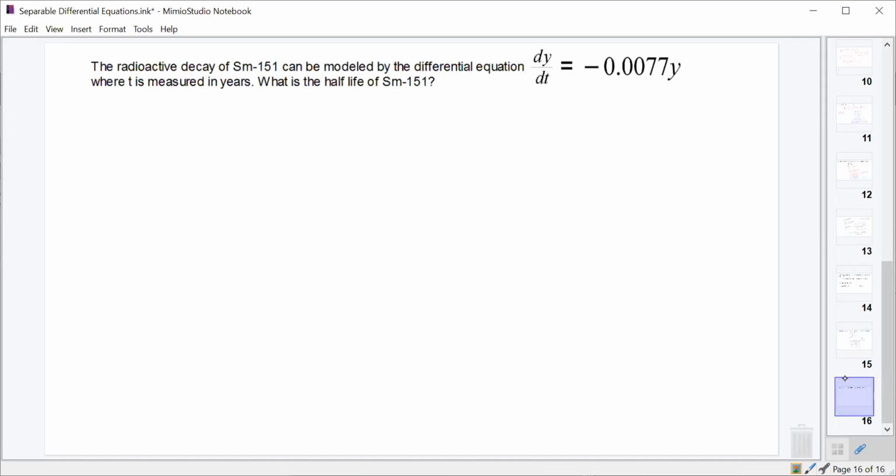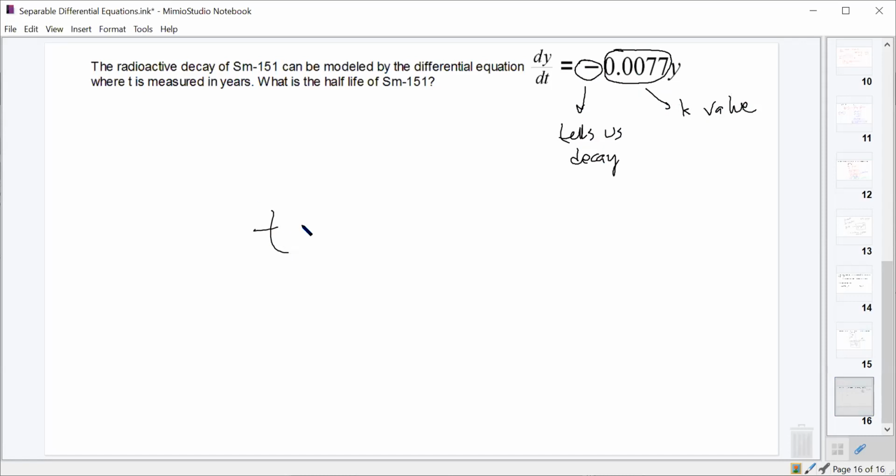So let's just do one problem here where we find the half-life of something. We're given the differential equation dy/dt equals negative 0.0077y. This tells us that it's decay. This is our k value. And so what should our half-life be?